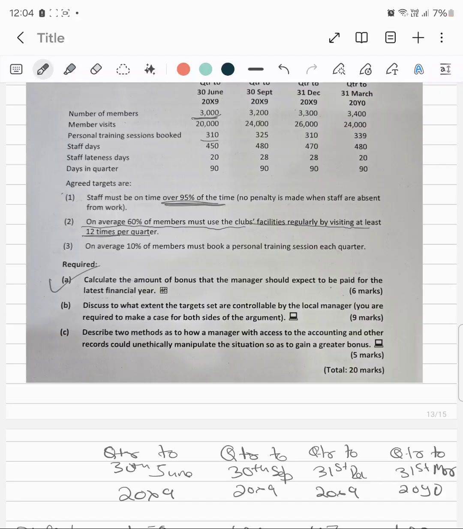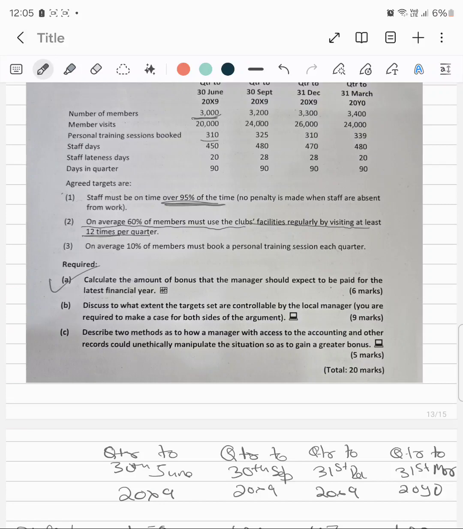Now, part C is: describe two methods by which the manager can access the accounting and other records and could unethically manipulate the situation. First, as I told you, how can they manipulate for a greater bonus? The bonus depends on factors: the staff must be on time, and on average the number of visits and everything.